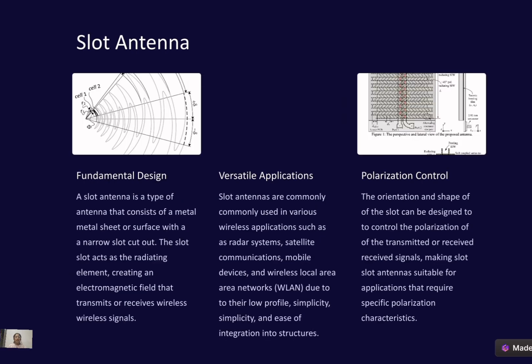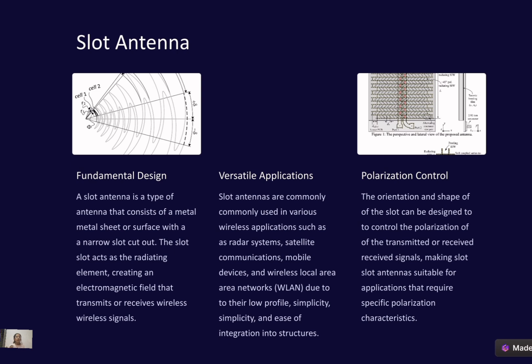Now, the slot antenna. A slot antenna is a type of antenna that consists of a metal sheet or surface with a narrow cut-out. The slot acts as a radiating element, creating an electromagnetic field that transmits and receives wireless signals.